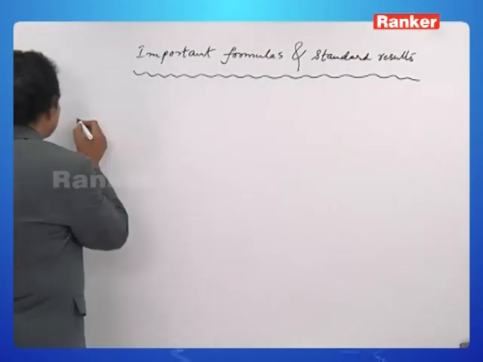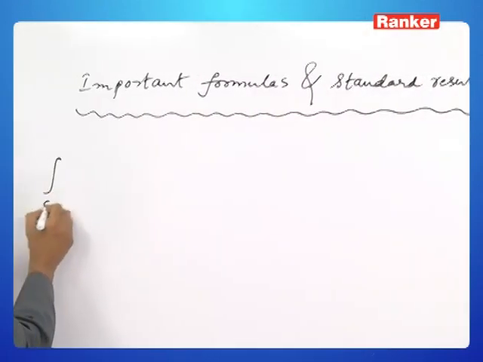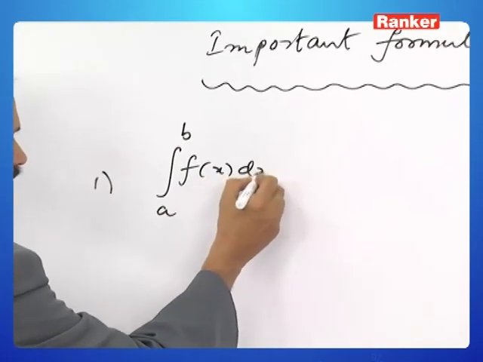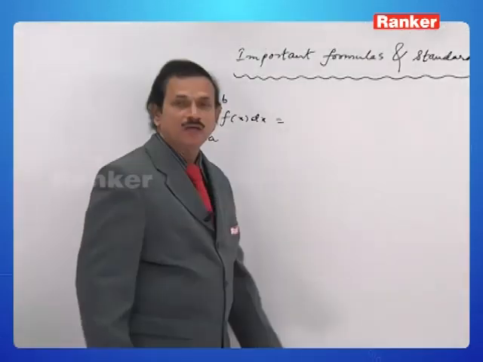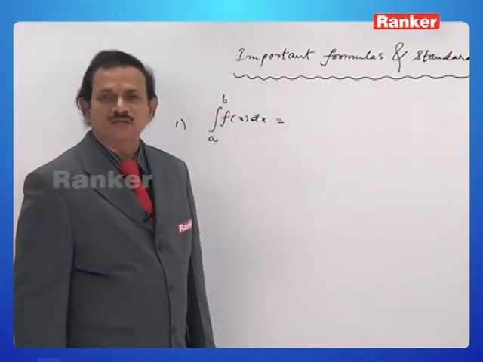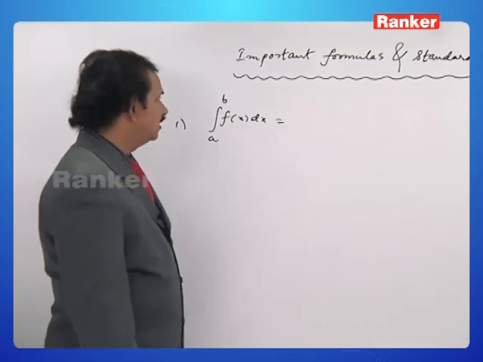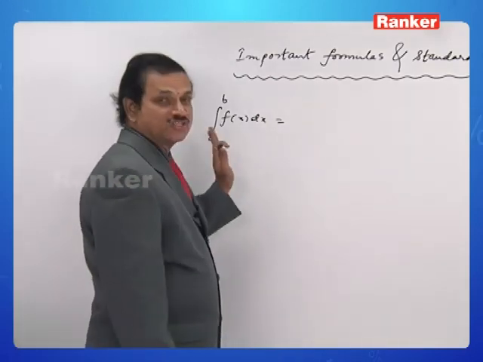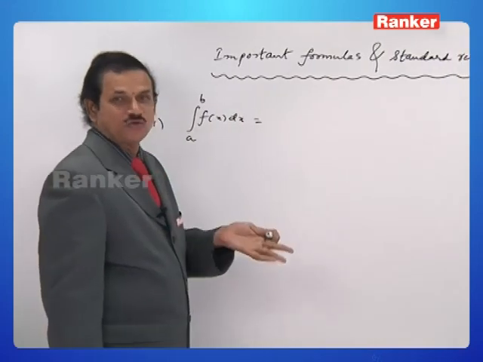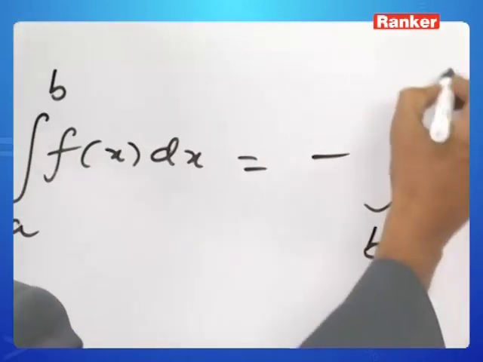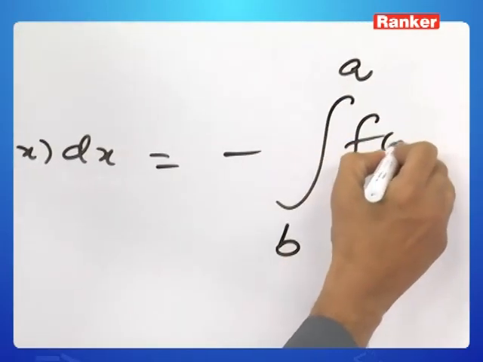Very first one, suppose we are calculating integral a to b f of x dx. If the situation demands, if it is needed for you to interchange the limits a to b or b to a, it can also be done by taking minus integral b to a f of x dx.